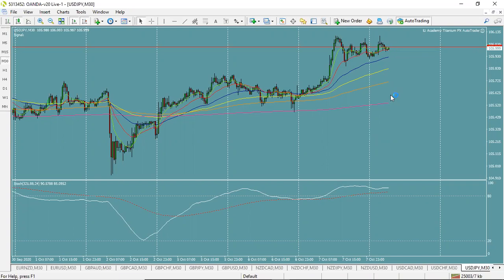You want to look at it and say, what's the chart telling me it's doing? And right now, we've got trend to the upside, and it doesn't look like it's ending anytime soon. We don't know. But right now, just looking at it, we've got trend to the upside. So we're looking for pullbacks past the 100 and the 50, and then we can set our pending orders to the upside for long trades.